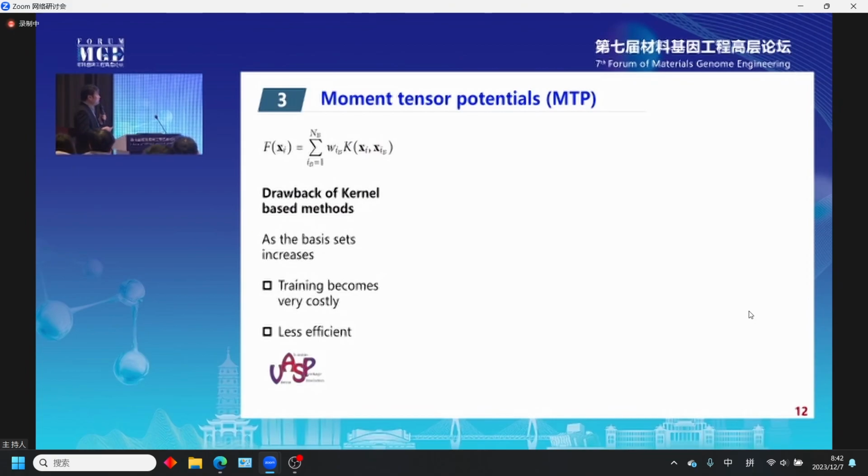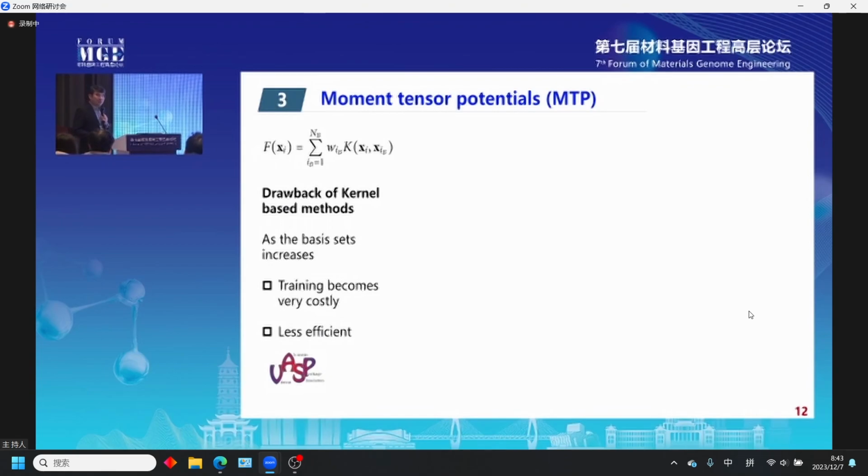When you try to fit this formula, as the basis set increases, for example in a multi-component alloy, such as a ternary or quaternary compound, even a silver alloy, the training becomes very costly. Then the system is very slow and less efficient. This is the WASP problem.